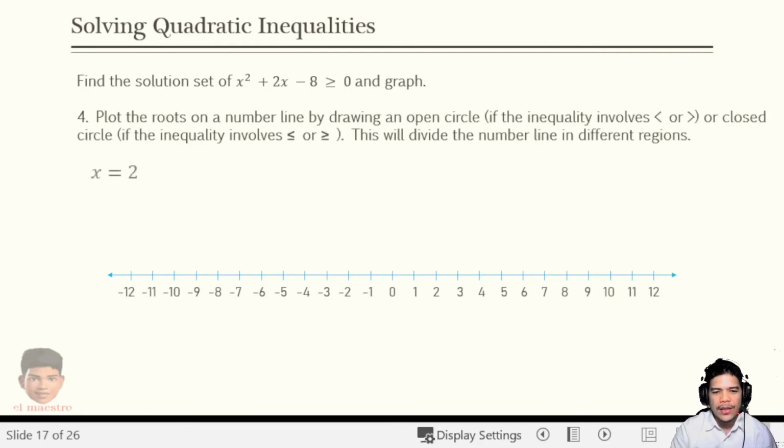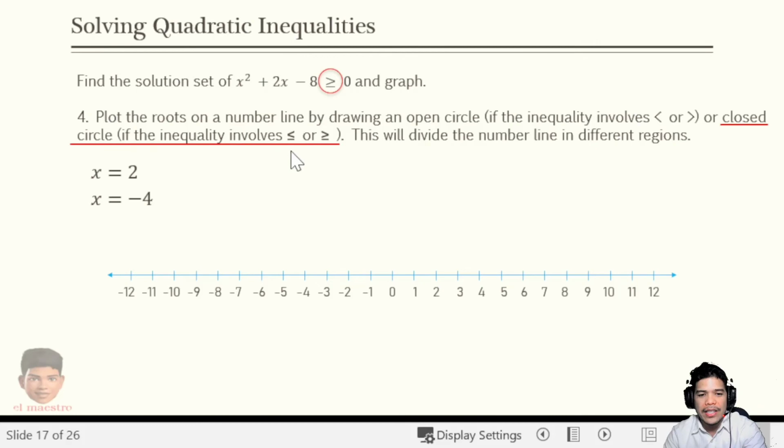Okay? Pero take note, sa pag-plot natin, greater than yung inequalities natin. Greater than or equal to. And sabi dito, pag meron tayong greater than or equal to, gagamitin natin is closed circle. Okay? Closed circle. Pag greater than or equal to. Yung kanina, greater than or less than yung kanina, kaya open circle.